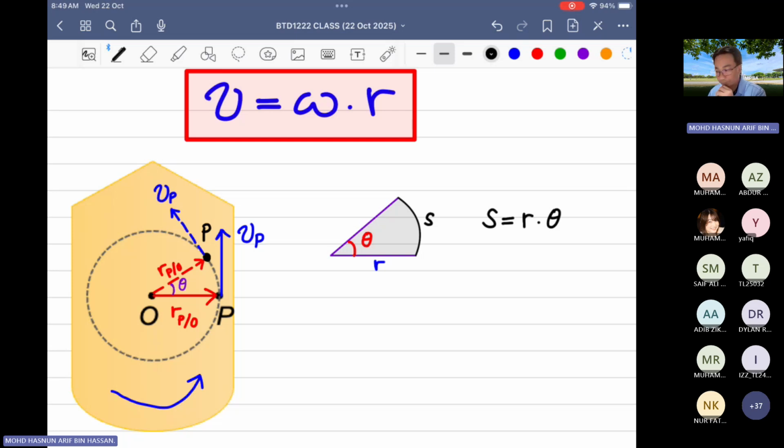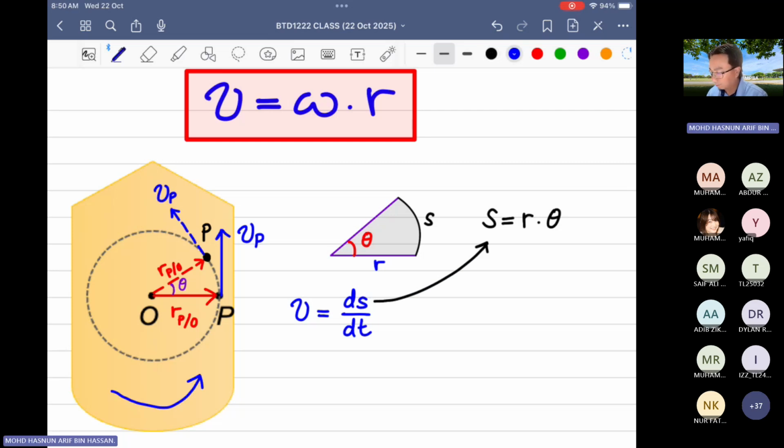Coming back to our point P here, the velocity of point P. We have the equation V equals ds over dt. This is the basic kinematics equation for linear motion. And we know that S is equal to R times theta.